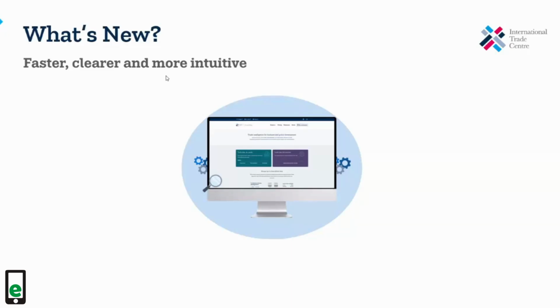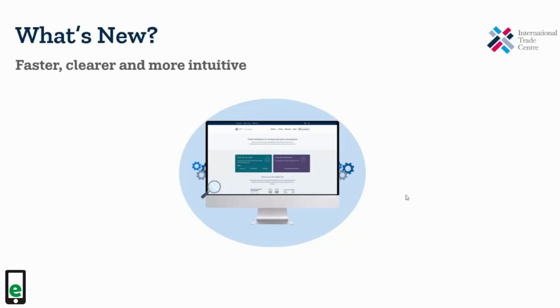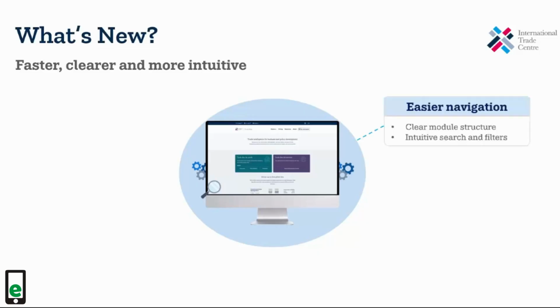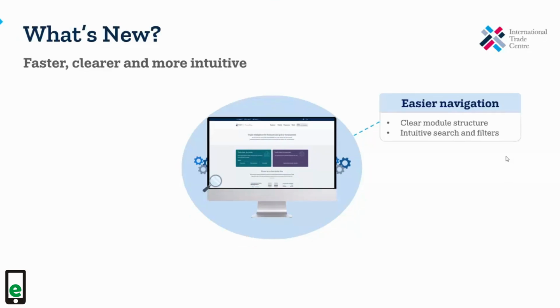For some time it is free, but it is actually a paid account, and it is very good. The first thing we saw was easier navigation with a clear module structure and intuitive search and filters. If you've seen the earlier version, this is much better.